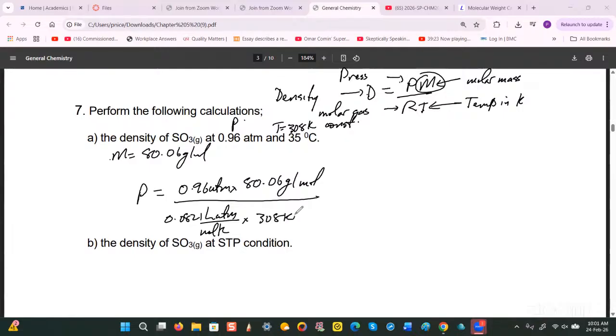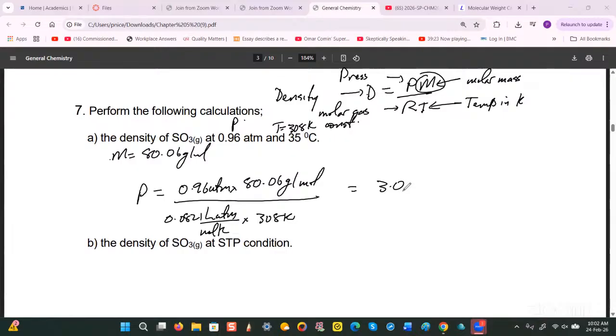So let's see what that gives. 0.96 times 80.06 divided by 0.0821 times 308. And according to my calculation, in this case, I have to round off to 2 sig figs.